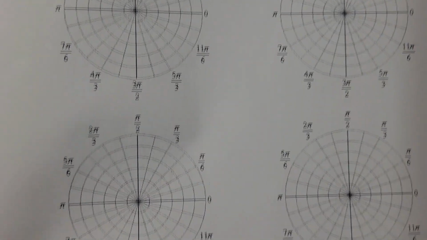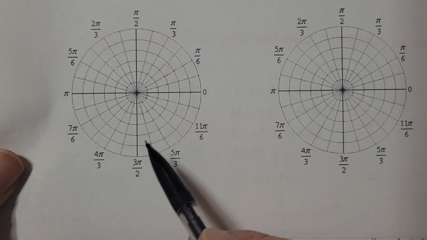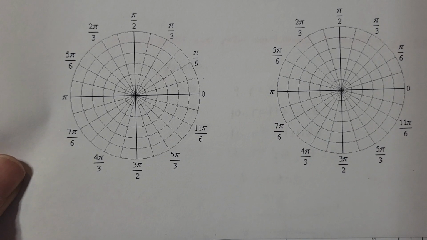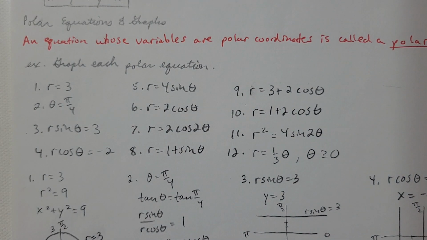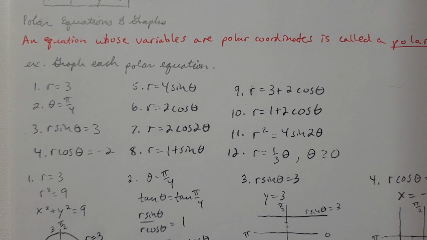And with a polar grid, you have infinitely many axes coming out from the center. Now with the rectangular grid, there's only 2 axes, the x-axis and the y-axis, so that is a difference between the two. All right, now the first 6 problems are going to go very quick. The last 6 problems are going to take some more time.